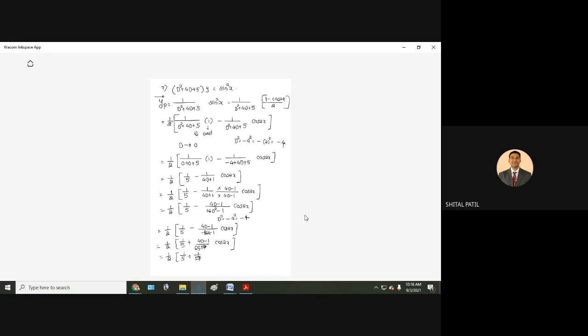1 upon 65, 4 d of cos 2x, d means derivative, minus 1 into cos 2x.